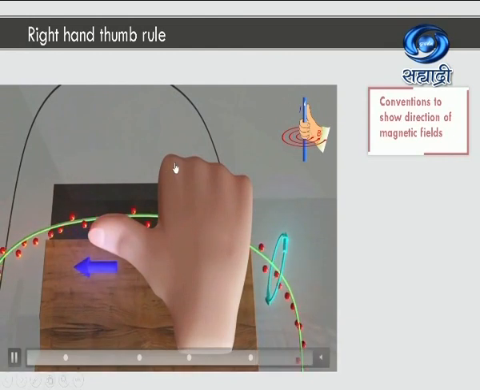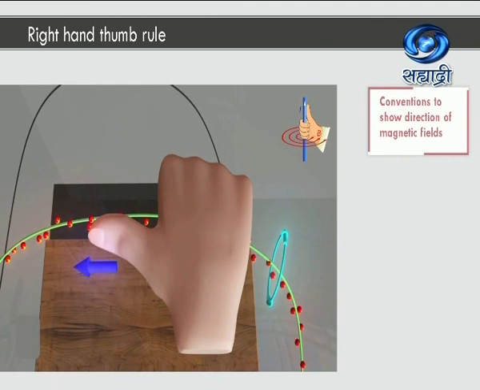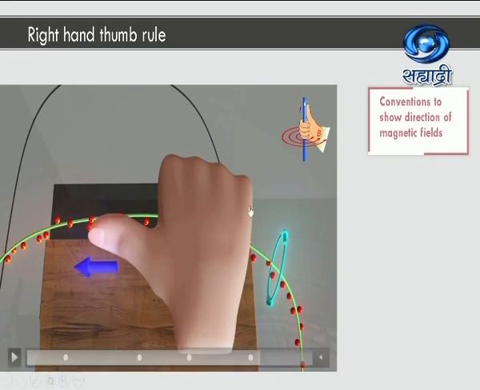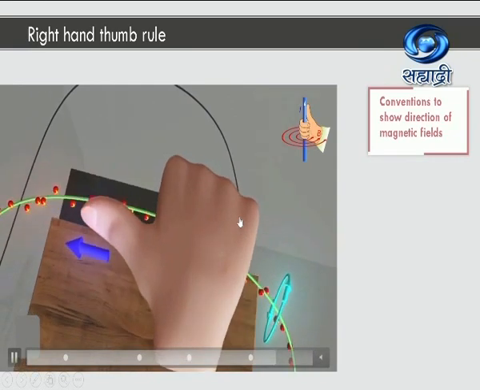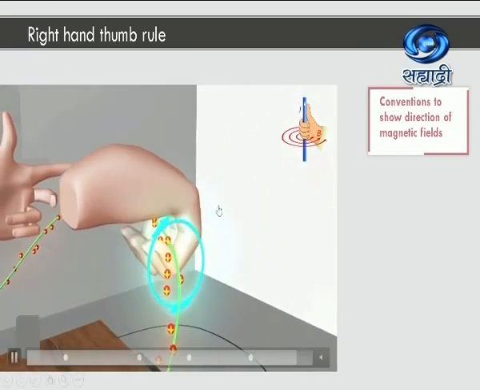As you all can see, I am holding this wire in my right hand such that the fingers are curled around it and the thumb is stretched along the length of the wire. Remember, the direction of the thumb is the same as the direction of current. Then can you see that the curled fingers give us the direction of the magnetic field.